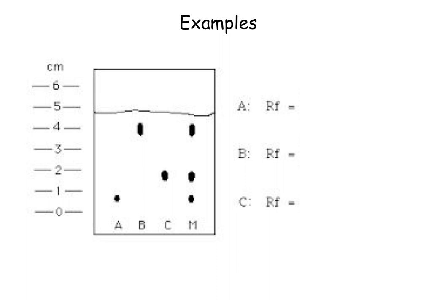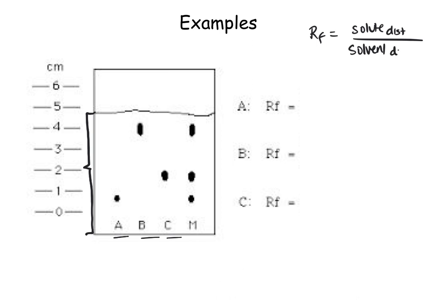I have 3 substances, A, B, and C, and if I look off to the side, my entire solvent, okay, so this is my solvent, and we remember RF is the solute distance divided by the solvent distance, okay? So if I know that my solvent distance is, I'd say that's probably like 4.7.